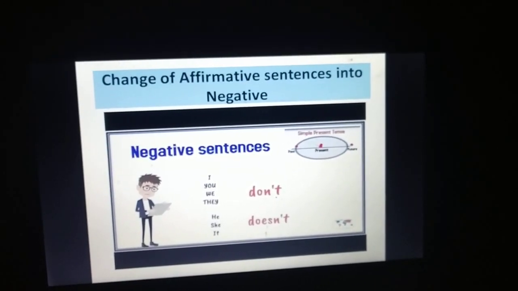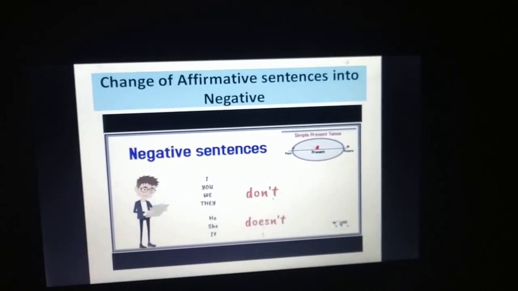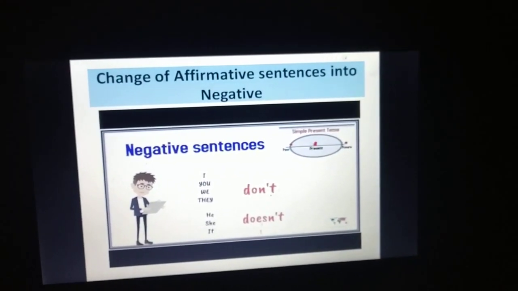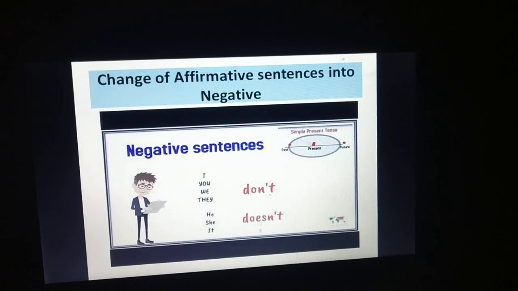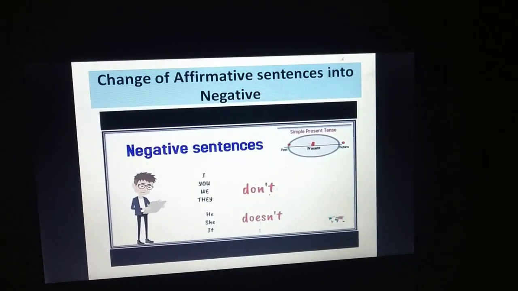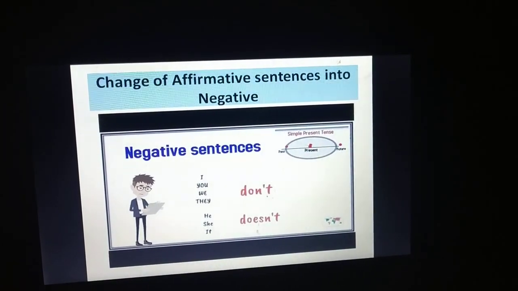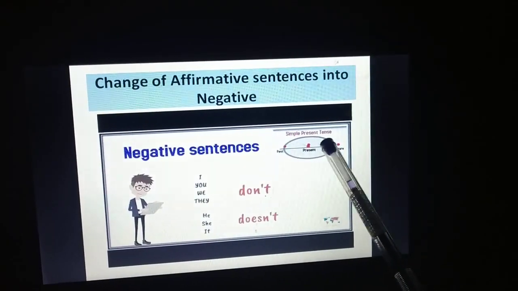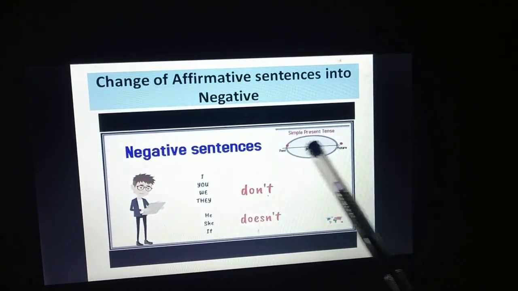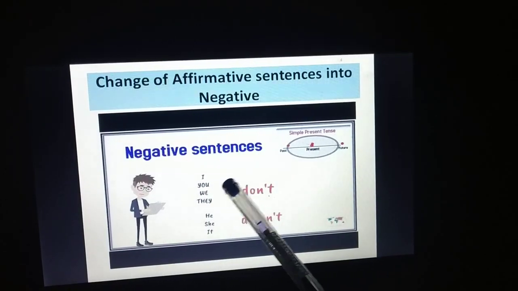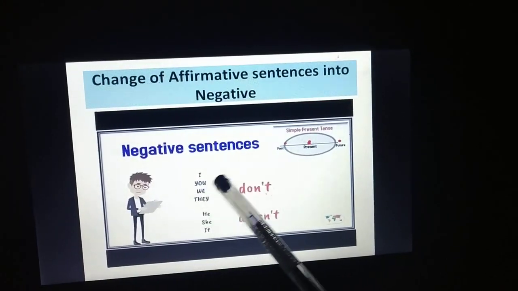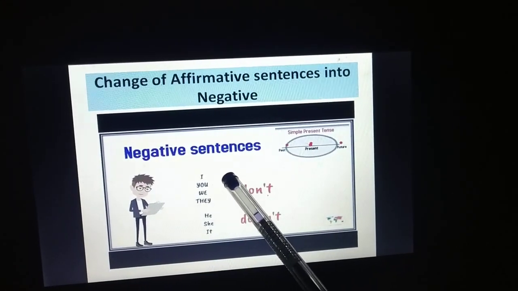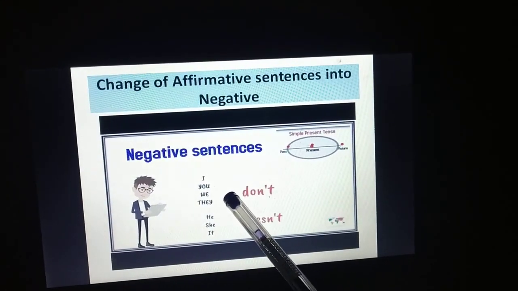Now there are a few rules, and the rules are according to tenses. In this whole lecture, we will study change of affirmative sentences into negative in present tense. Here, as you can see in the sheet, it is about simple present tense. In negative sentences in simple present tense, we use don't with the subjects like I, you, we, they.